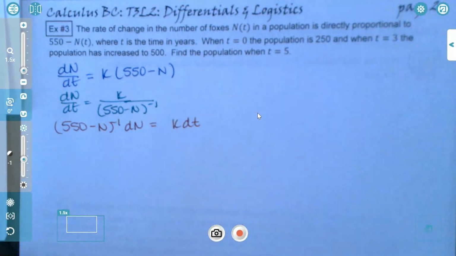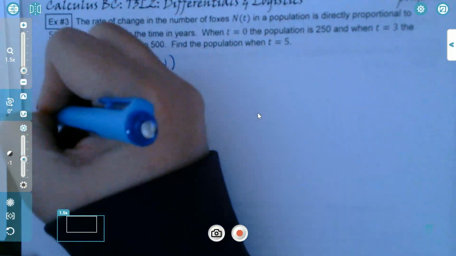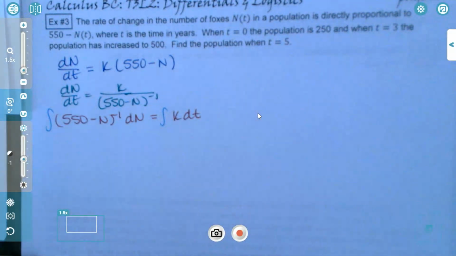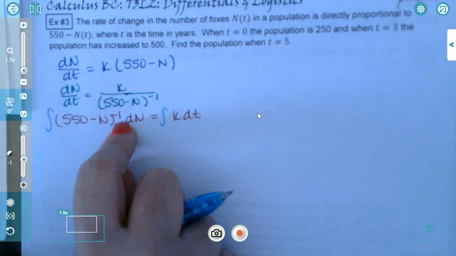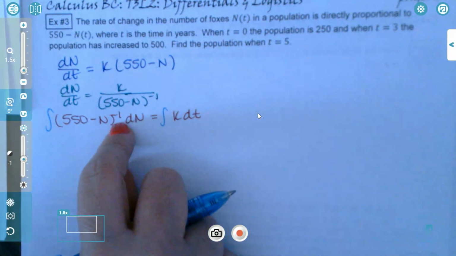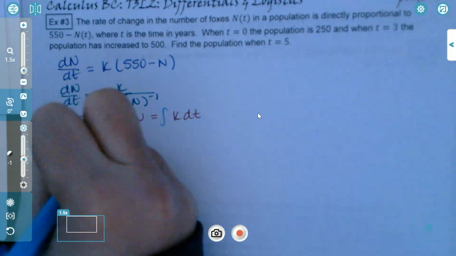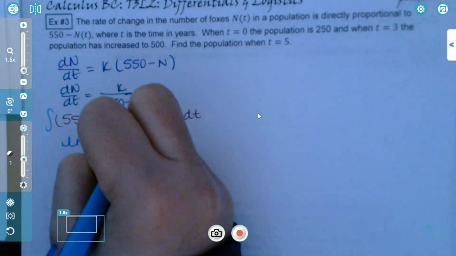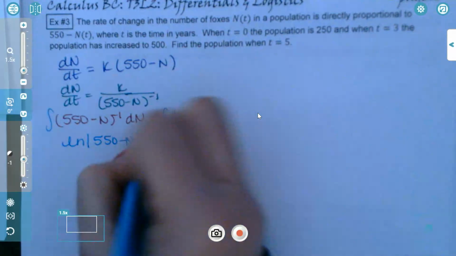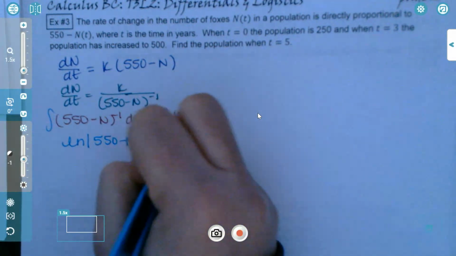And then once we get to here, we can take the antiderivative. All right, so this is going to become a 0, so we know we're going to have a natural log there. So ln, and then this will just become kt plus c.